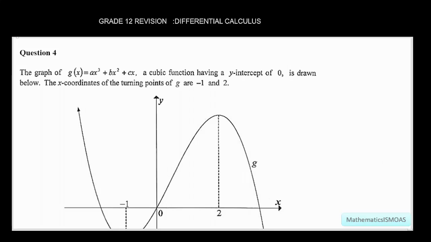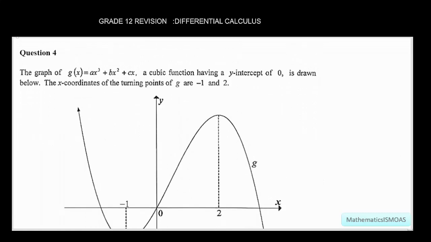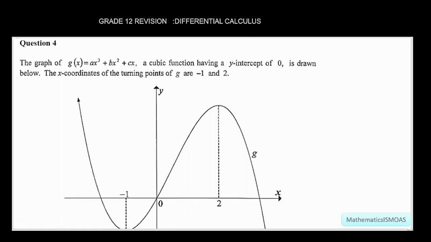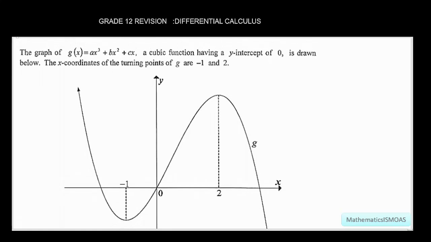Right, now we are on question 4. Question 4. Okay, our statement there. The graph of g of x is equal to ax cubed plus bx squared plus cx, a cubic function having a y-intercept of 0.